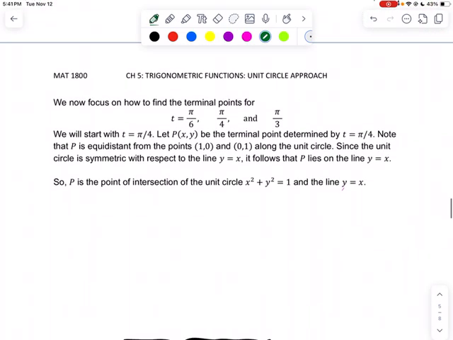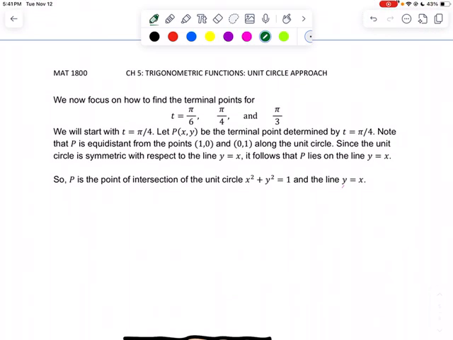Okay, now we are going to focus on some special values of t and try to see how we can figure out the terminal points of those. Previously we have seen the terminal points of, for example, t is equal to 0. So what was the terminal point for that? 1, 0. Where t is equal to pi over 2, we have 0, 1.